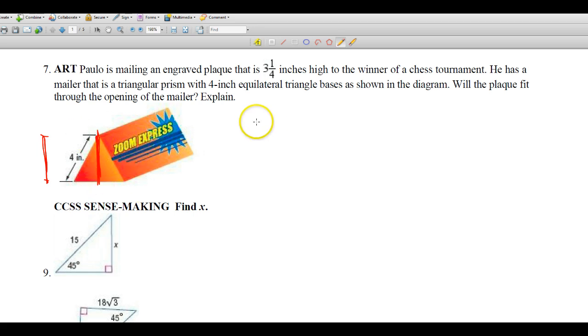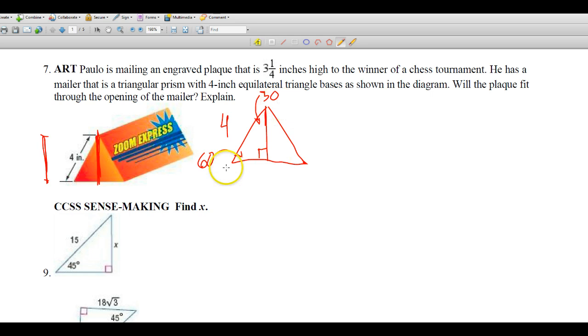So if we have an equilateral triangle and the side length is 4, if I split that down the middle here, then I would have a 30, 60, 90, because in an equilateral triangle, each angle is 60, and then half of 60 would be 30, and that's how we get a 30, 60, 90.